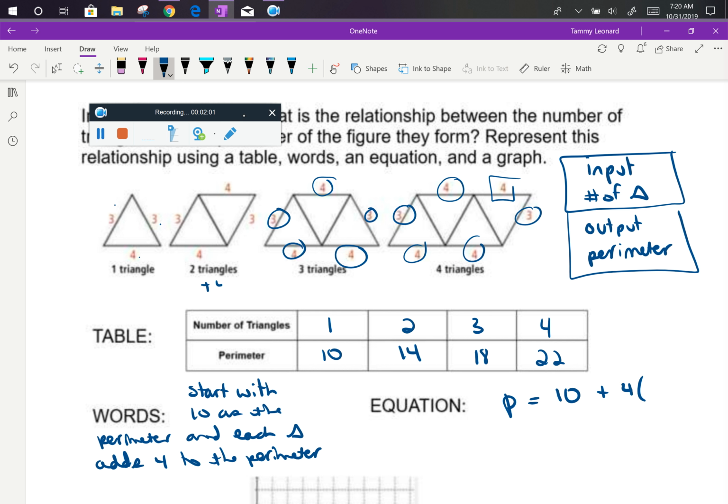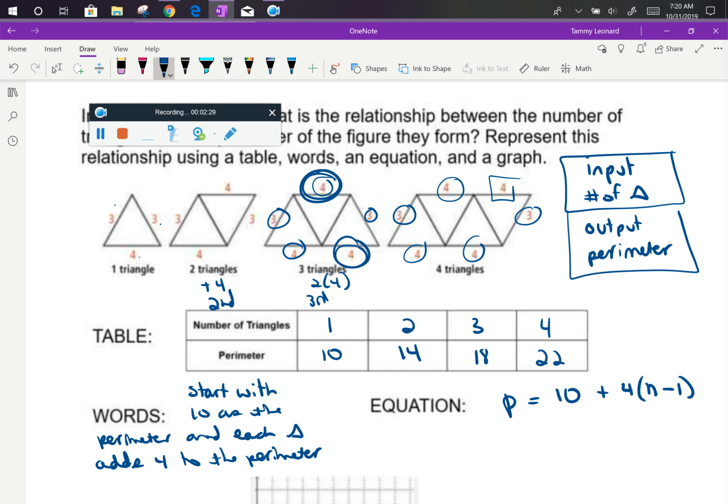But notice we add 4 on the second triangle. So we're adding 4 times the number of triangles minus 1. Because if you look at this third one, that's the third triangle, but we're only adding 2 4's. So 3 minus 1 is 2, so 2 times 4 is 8 for how much we're adding.